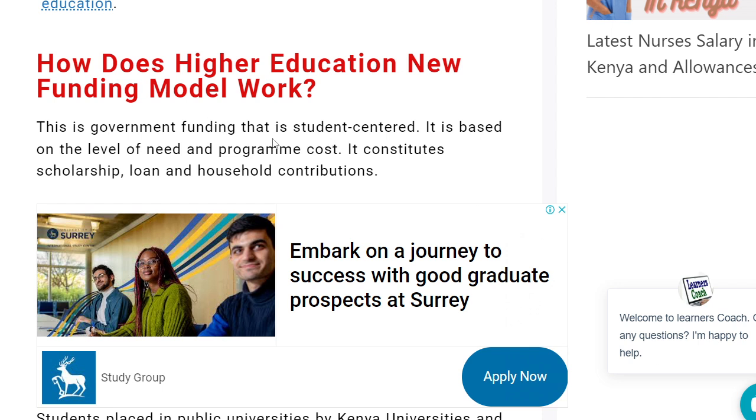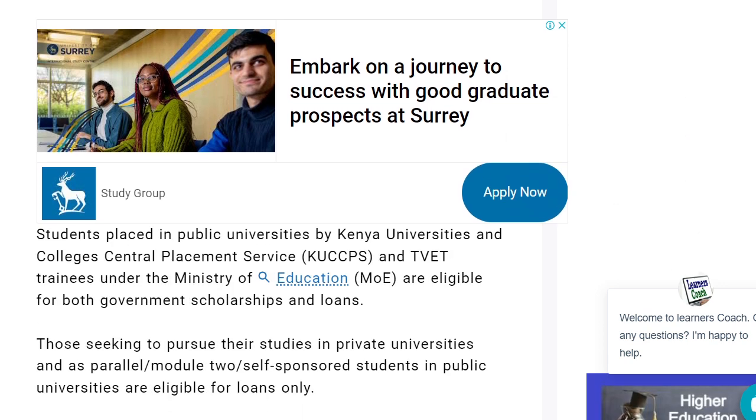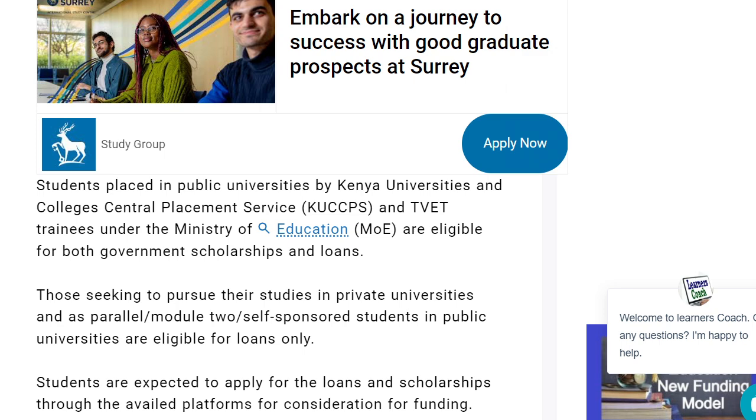This is a government funding that is student-centered, based on the level of need and program cost. Unlike the previous way, this one looks at those students who are needy. It takes you through the portal where you can request for this particular kind of loans.